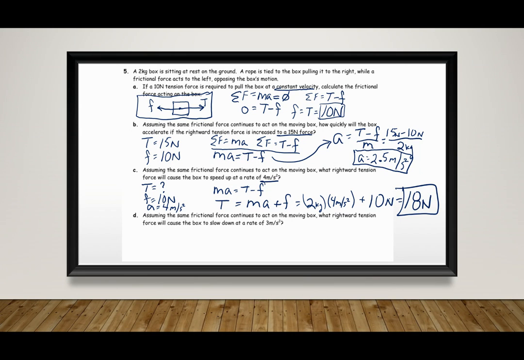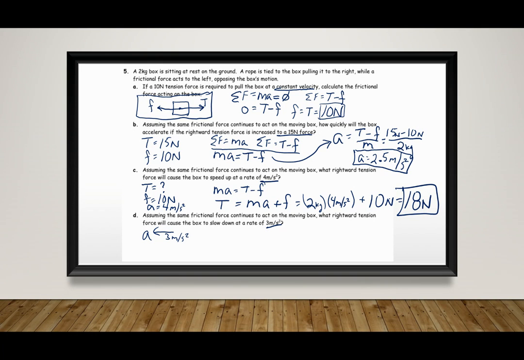Okay, and our very last question for the day is: assume the same frictional force continues to act on the box moving rightward. What rightward tension force will cause the box to slow down at a rate of 3 meters per second squared? So my acceleration is actually going to be towards the left because it's slowing down 3 meters per second squared, or it's going to be negative.